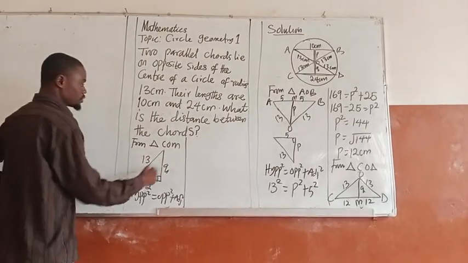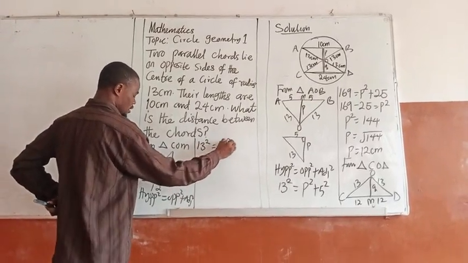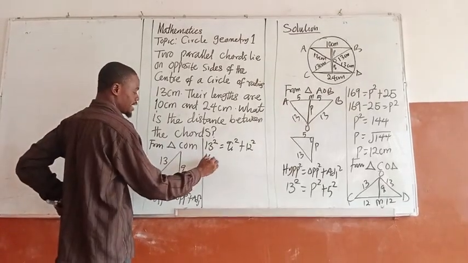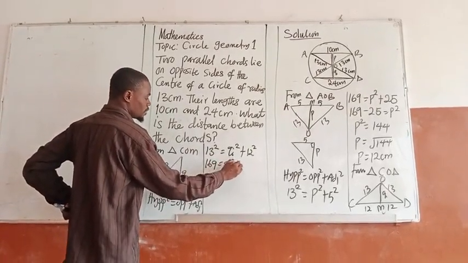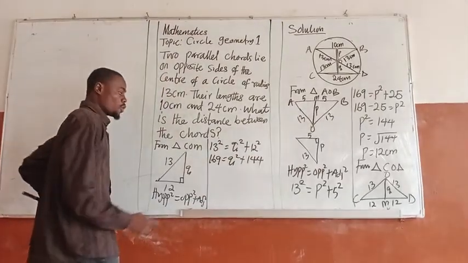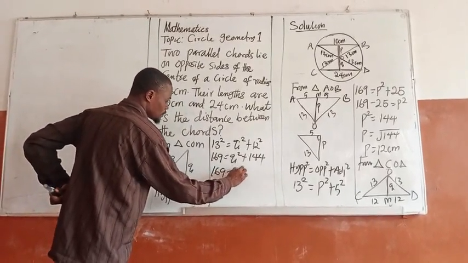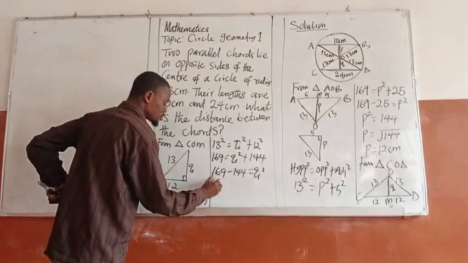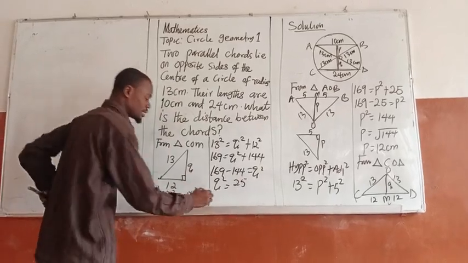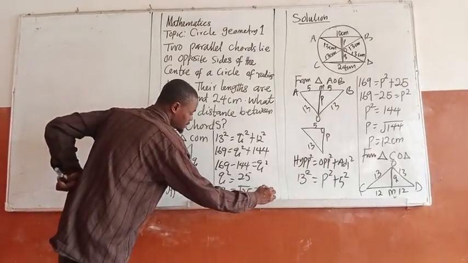The hypotenuse is 13, so 13 square is equal to Q square plus 12 square. 13 times 13 is 169, equal to Q square plus 12 times 12, which is 144. So we have 169 minus 144 is equal to Q square. When you subtract the two values, we have 25. Then take the square root of both sides. We have Q is equal to square root of 25, which is equal to 5 centimeters.